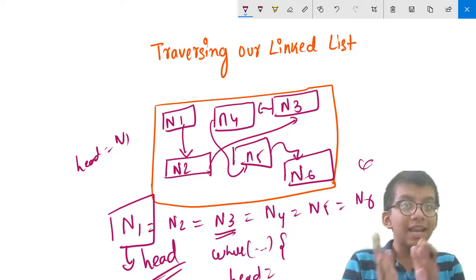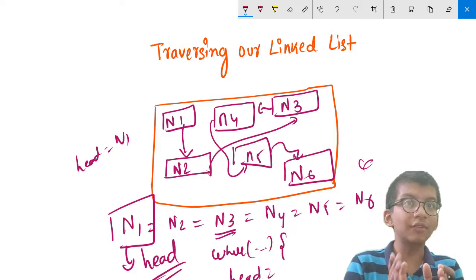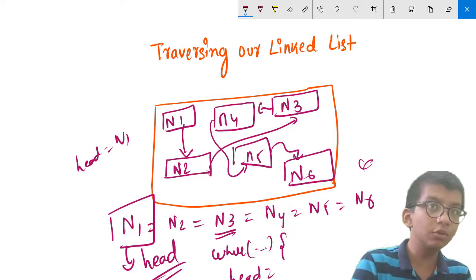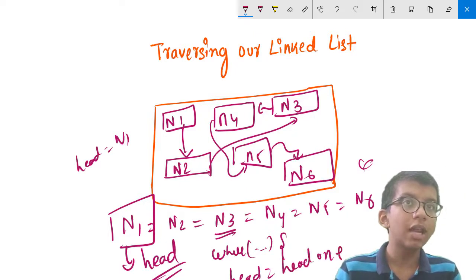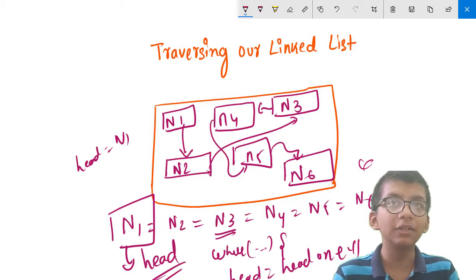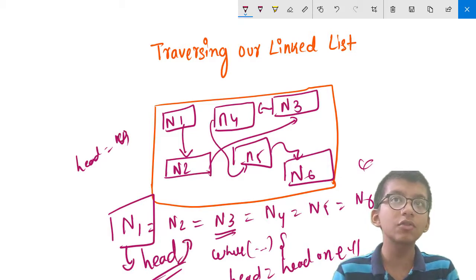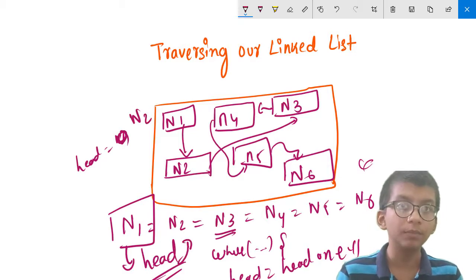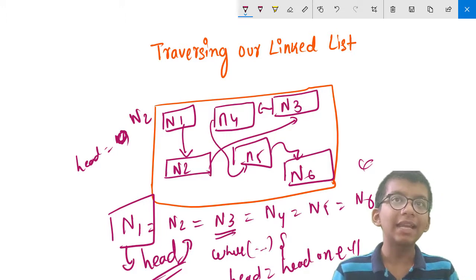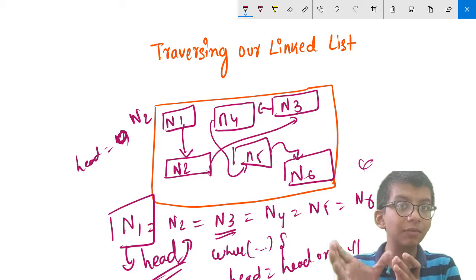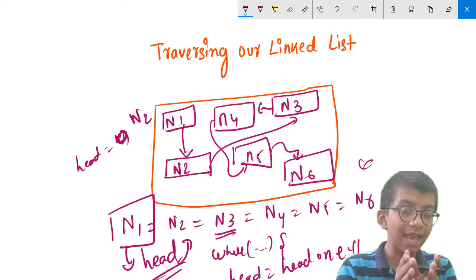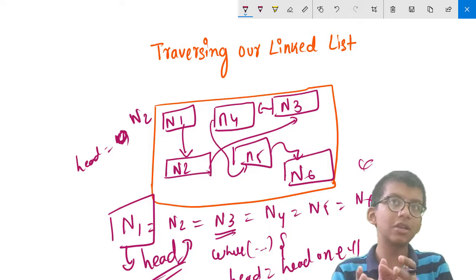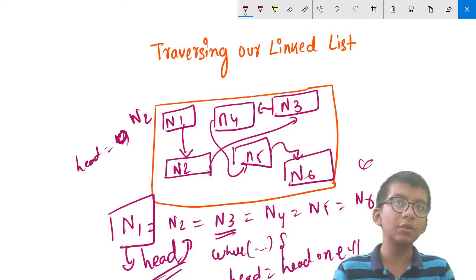In the next of head, n1 contains the address of n2, so we can write head dot next. Now head will go here. Now head is not equal to n1, it is equal to n2. If we say head equals node 1 next, it will start pointing to n2.